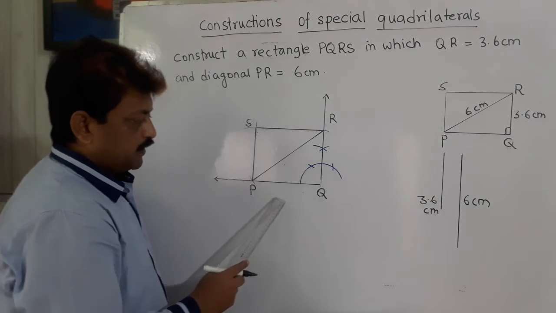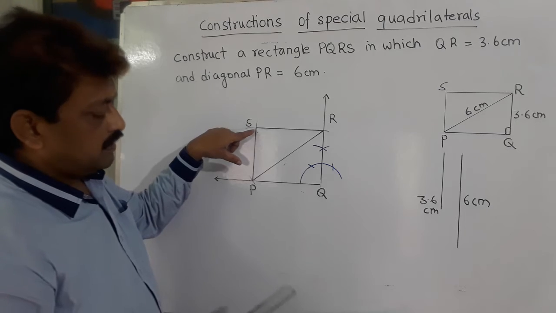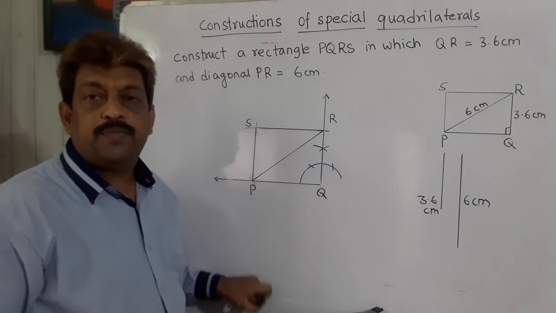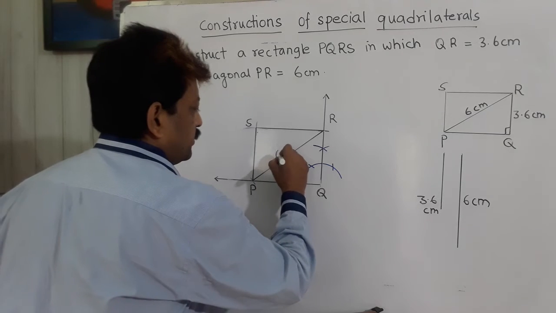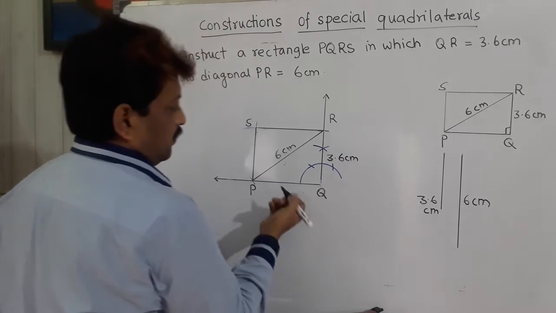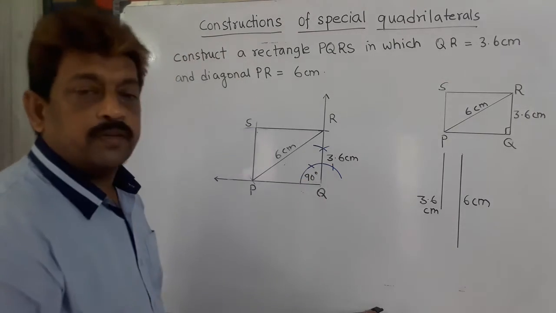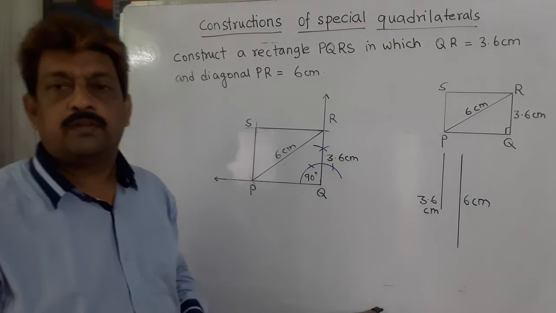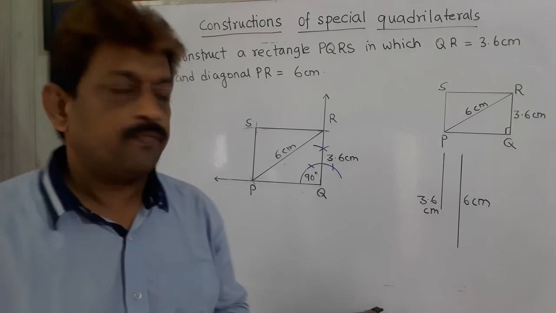Now PS and RS are joined, so the rectangle PQRS is drawn, where PR is 6 centimeter, QR is 3.6 centimeter. Okay, and this is of course 90 degree, as included angles of rectangles are right angles. So this is the required rectangle which is given in the question. Understood? So in this way construction of rectangle can be done, which is very easy.